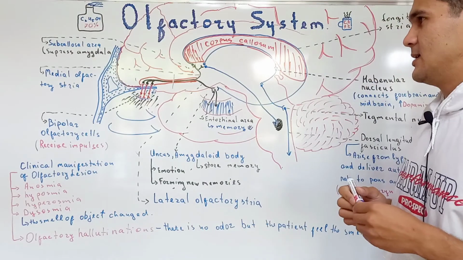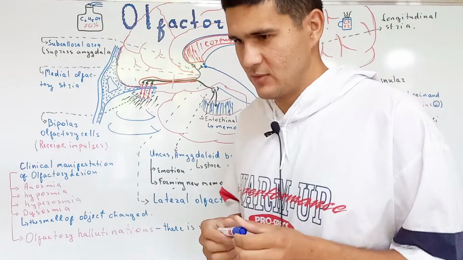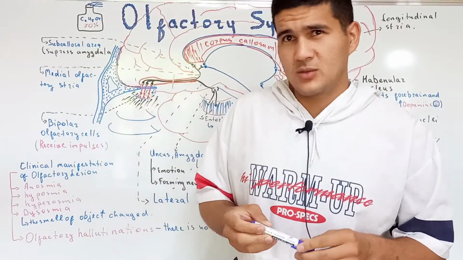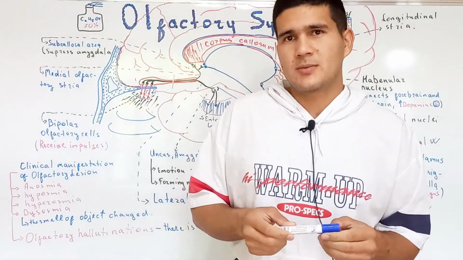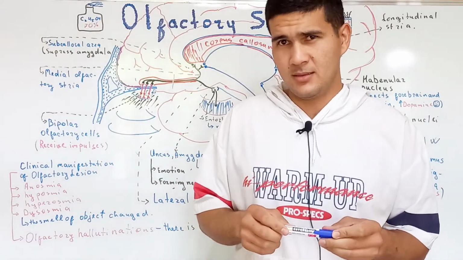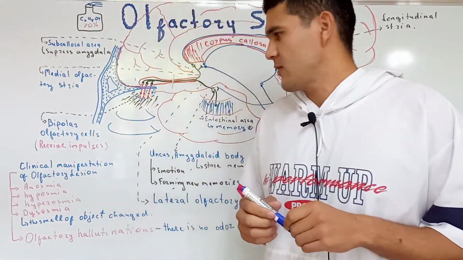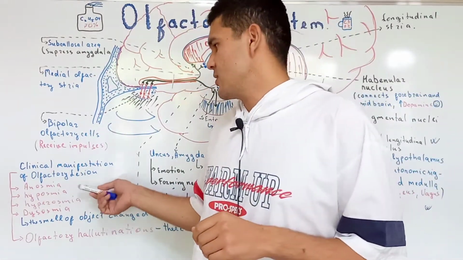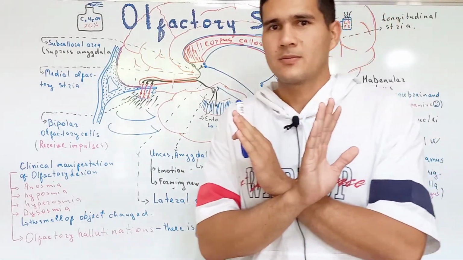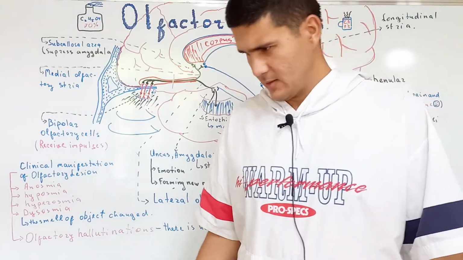And our next information is about the clinical part of the olfactory system. As a neuropathologist, we can deal with patients who are suffering from abnormal function of the olfactory system. First one is anosmia. Anosmia means that there is no smelling; the patient couldn't feel any kind of smell.